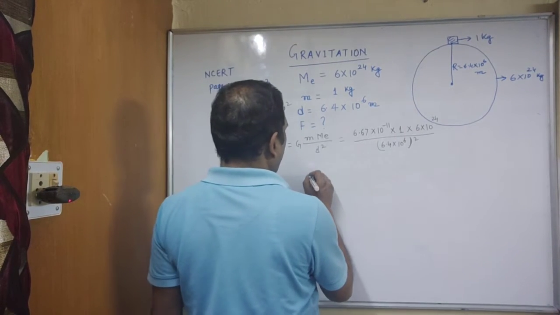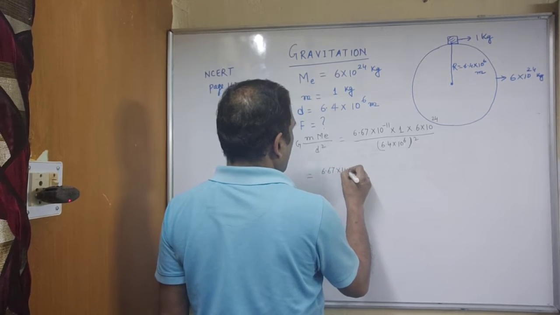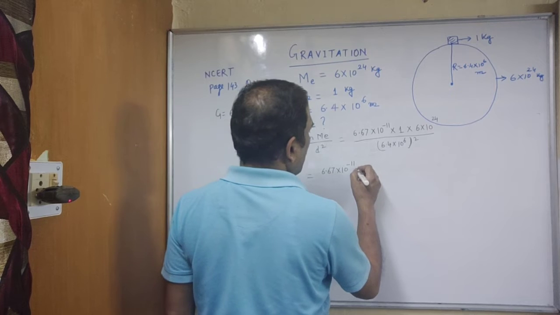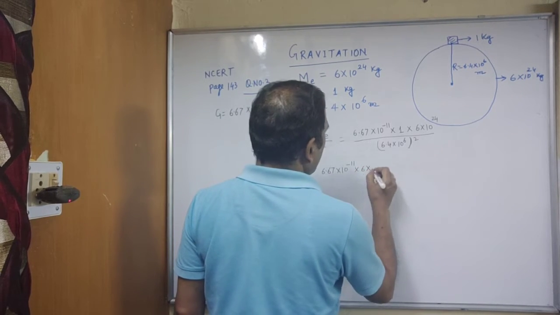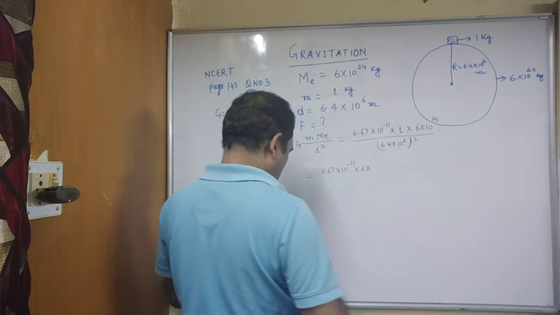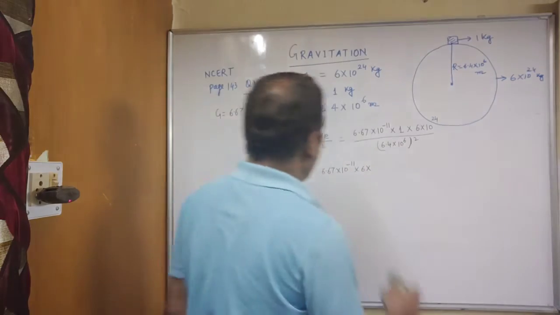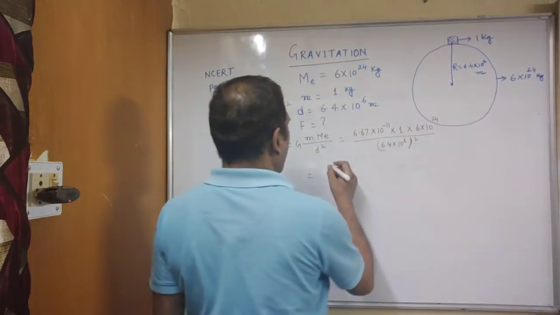Now simplify it, it will be 6.67 into 10 to the power minus 11 into 6. Once we simplify it in this way, all the powers of 10 will be like this.